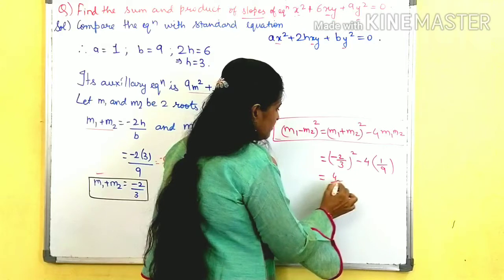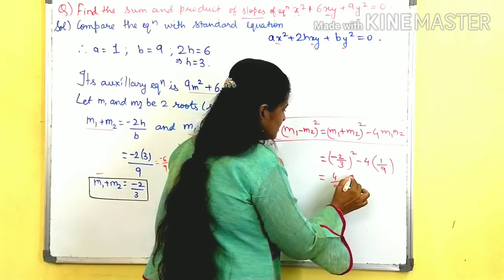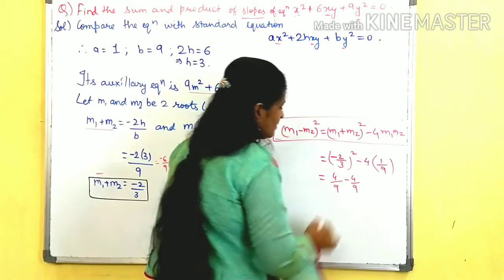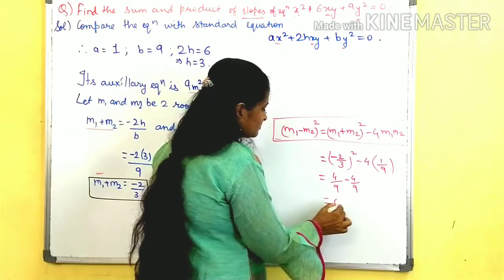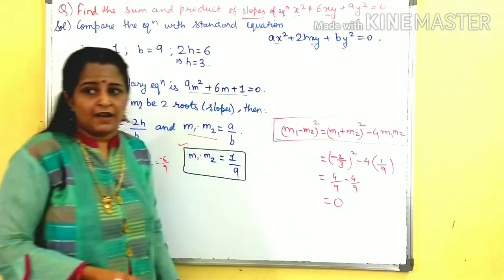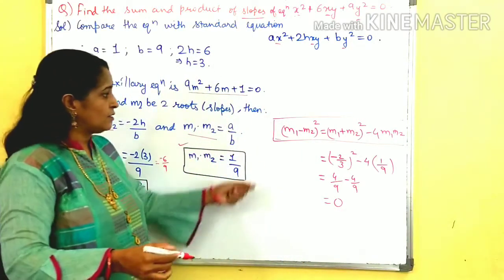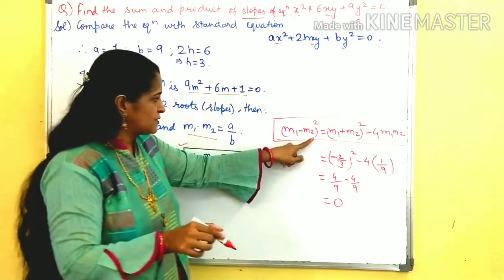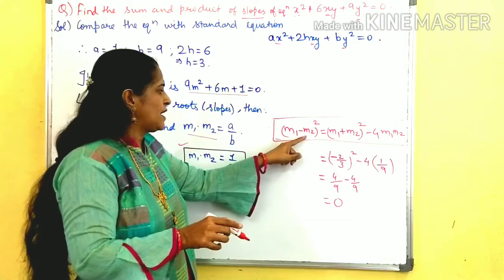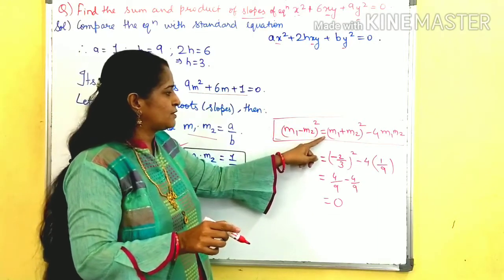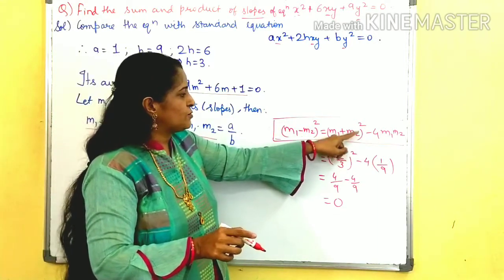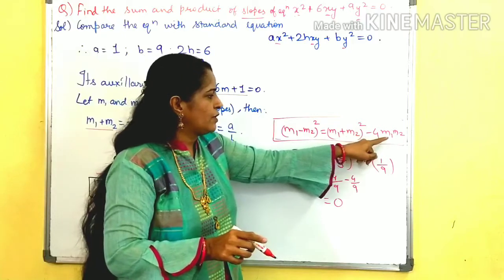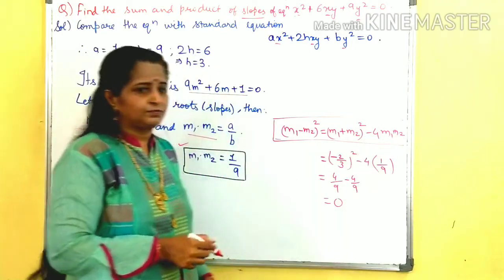So here you get 4 by 9 minus 4 by 9. Value is 0. Means for the difference between slope, you have to use this result, which is m1 minus m2 whole square is equal to m1 plus m2 whole square minus 4 m1 into m2.